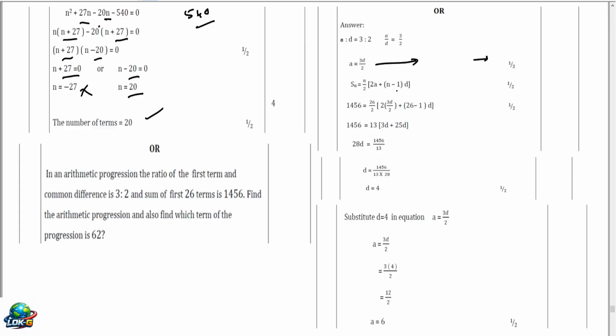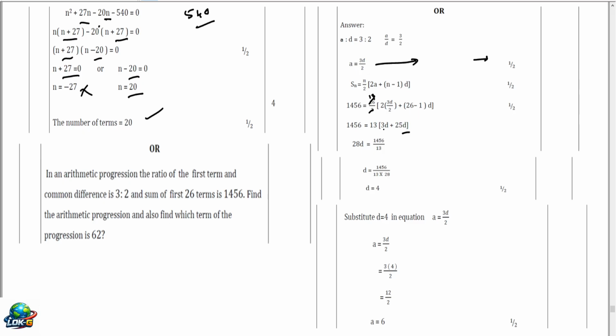Sn is equal to n by 2 into 2a plus n minus 1 into d. 1456 is given. 26 terms means n is equal to 26. You substitute a is equal to 3d by 2, and 26 minus 1 is 25d. Now you can cancel: 2 ones are 2, 13 twos are 26, you will get 13 into 3d plus 25d.